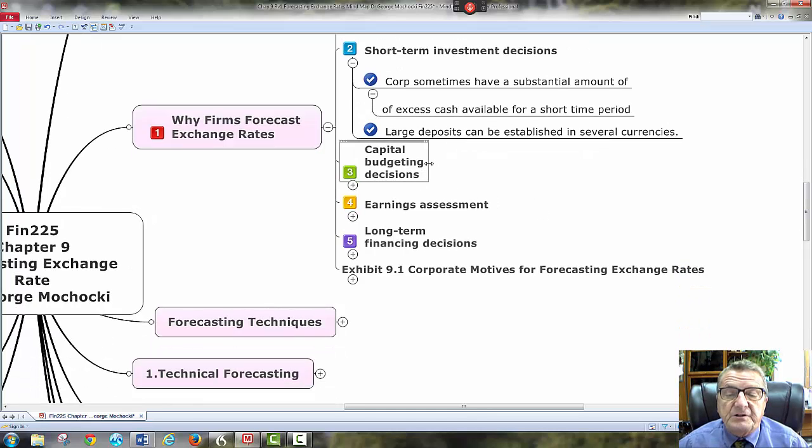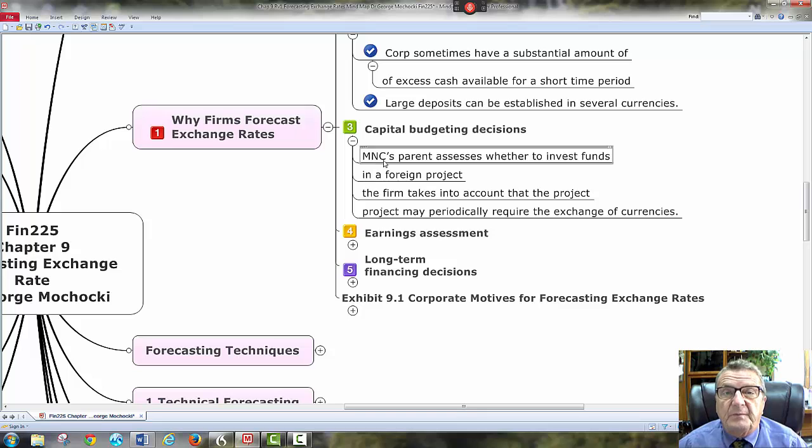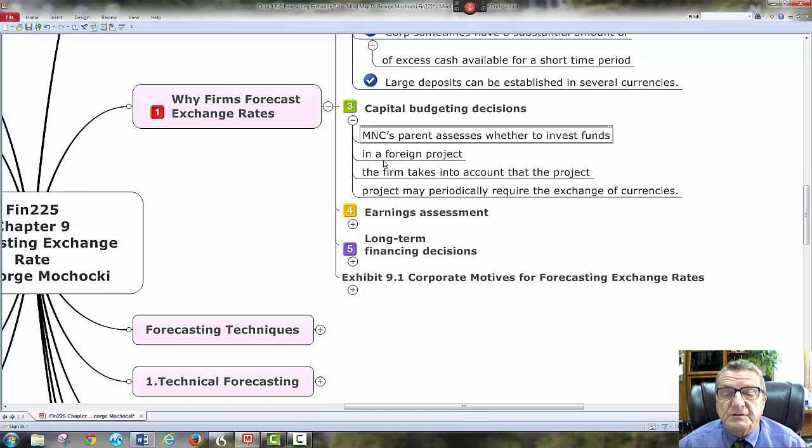Okay, now capital budgeting is another one. Why I'm forecasting: I know I'm going to have to do something in capital budgeting. So the MNC, multinational corporation, parents assess whether to invest funds in a foreign project, taking into account that the project may periodically require exchange of currency.